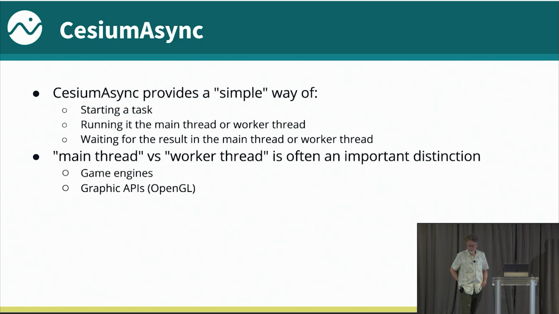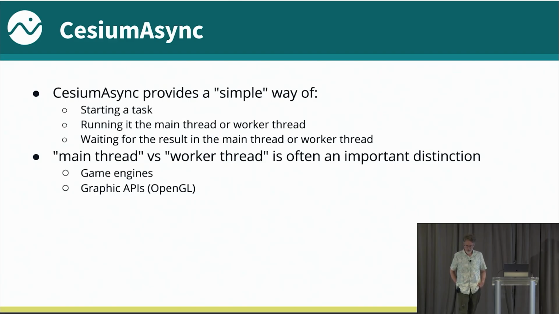This thing about main thread and worker thread is something you see all the time in game engines and graphics APIs, where there's often a thread that's privileged for whatever reason. It used to be in OpenGL that it'd be very tricky to load textures or load shaders in anything other than the main thread of an application.